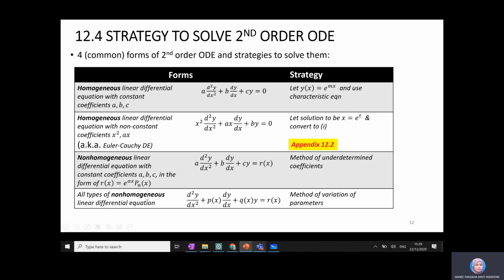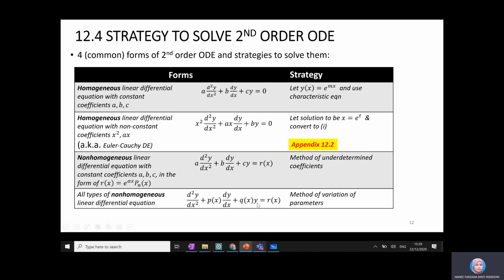And there are other types of non-homogeneous linear differential equations where you see here that you have p of x multiplying dy dx, and you have q of x multiplying y as a function of x, equal to rx. So this is non-homogeneous, and the coefficients of the derivatives are not constant.